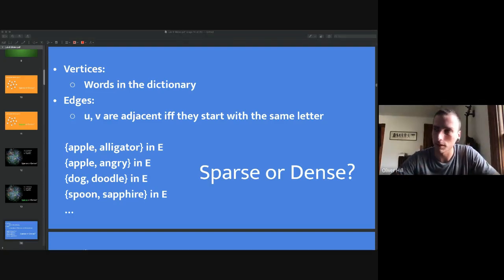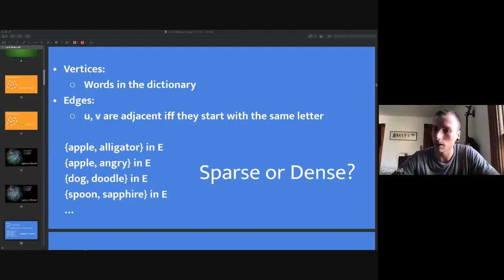What do y'all think? Is this sparse or dense? So apple is connected to every other word in the dictionary that starts with A. Dog is connected to every other word in the dictionary that starts with D. Okay, Eleanor says dense.